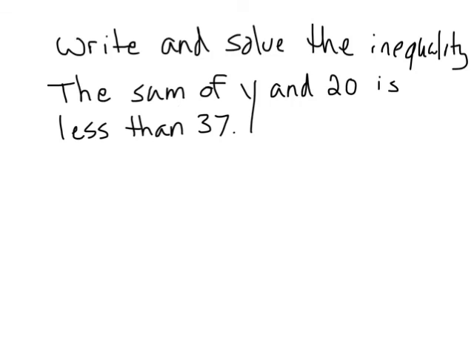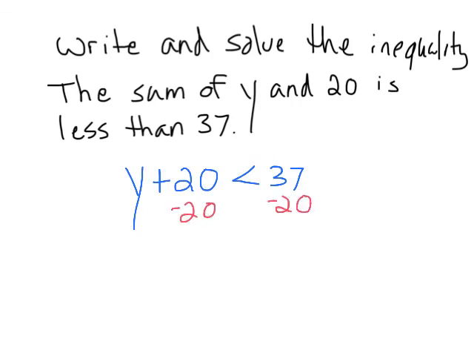The sum is addition of y and 20: y plus 20 is less than 37. And then it's a pretty simple thing to solve. You subtract 20 from both sides, and y is less than 17. There's your solution.